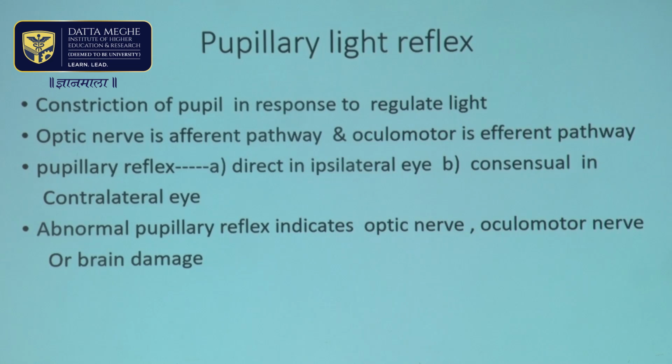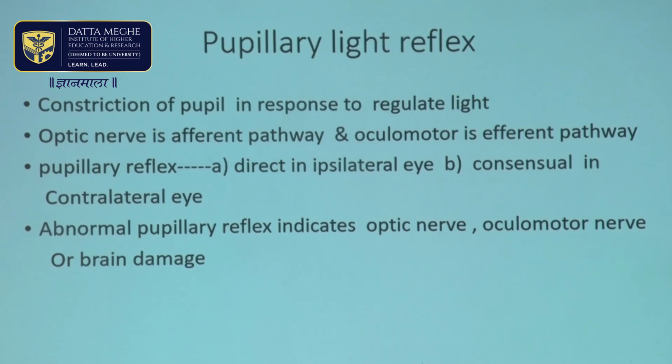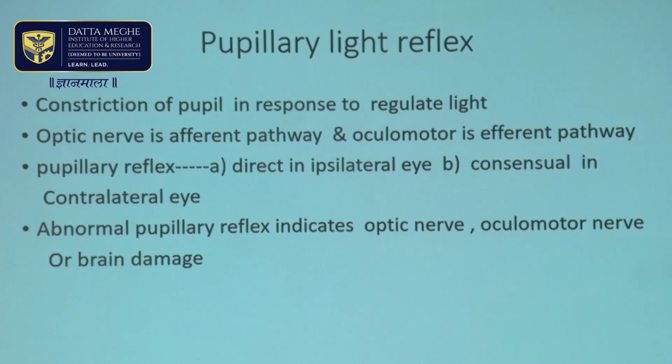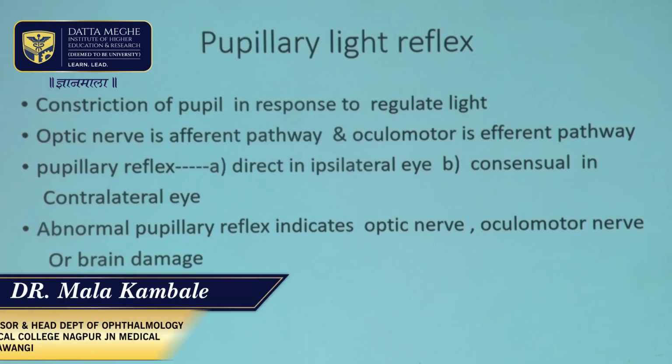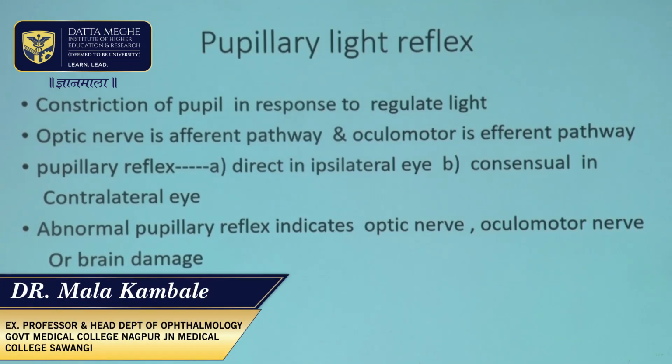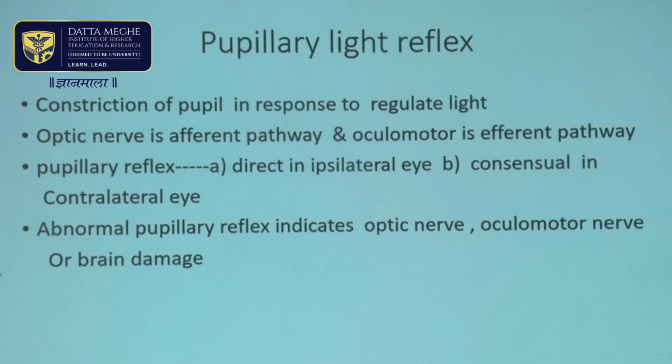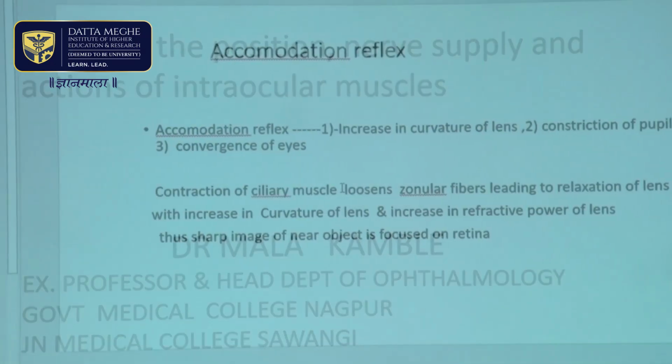The pupillary light reflex is nothing but the constriction of the pupil in response to light, to regulate the light. When you are looking at bright light, a large amount of light goes inside the eye, and when it falls on the retina, it may damage the photoreceptors, which are an important layer of the retina.